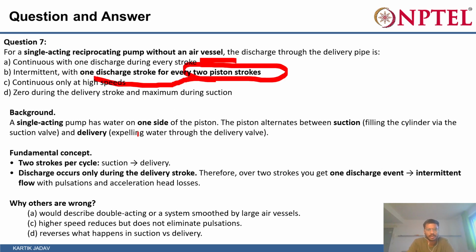Because a single acting pump has water on one side of the piston, and the piston alternates between suction and delivery or discharge. So there are two strokes per cycle, one suction and one which delivers the water, and discharge occurs only during the delivery stroke.